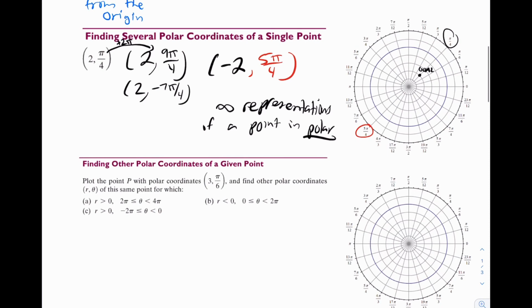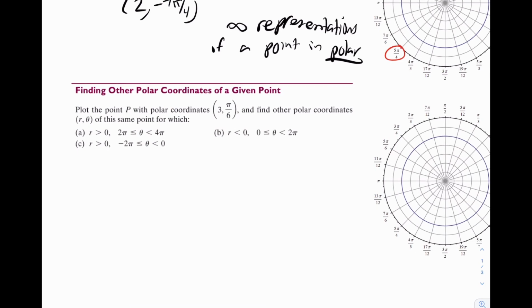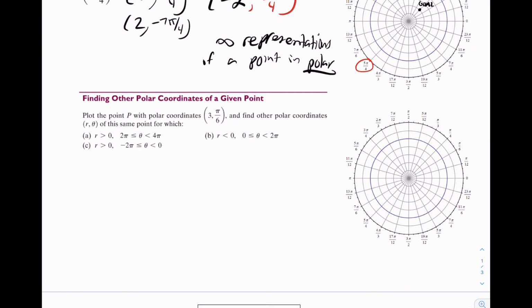In this next one, let's take a look. It says plot the polar point 3, pi over 6. Let's plot that. Pi over 6, go 3 out. 1, 2, 3. There's our point. Then it gives you specifications, kind of like the last one, except now we create the point with the guidelines given.